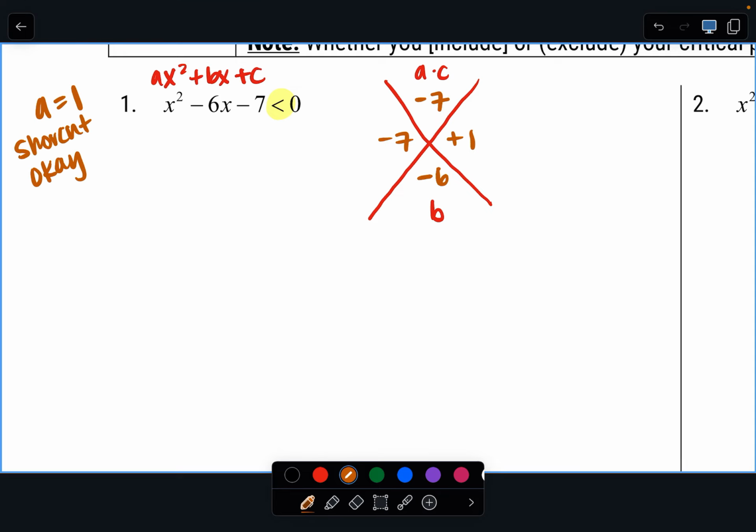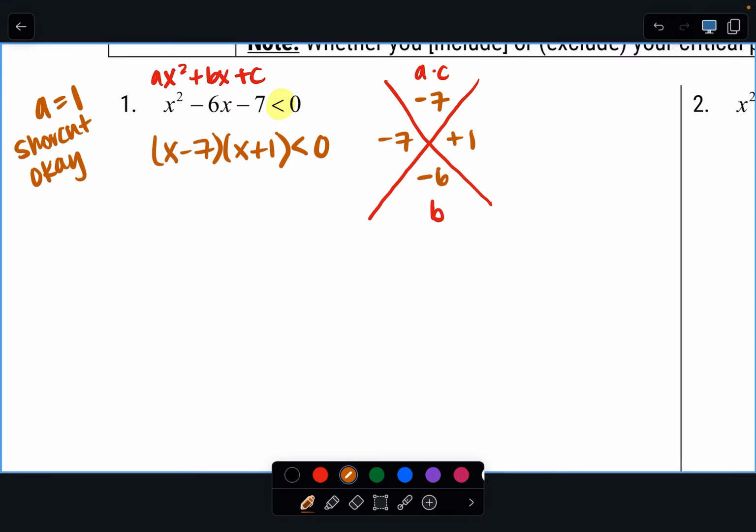I can just say, okay, I know the numbers are -7 and +1, so I can use x minus 7, x plus 1. That trick only works when a is equal to 1. If a is anything else, -1, +2, -2, -15, whatever, anything other than 1, you have to go the long way, split the middle term, and do your 4-term grouping.